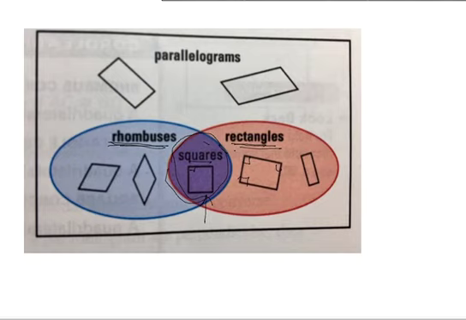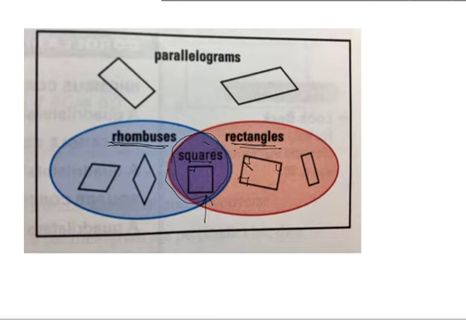It says a parallelogram is a rectangle. Well, is that always, sometimes, or never true? Well, a parallelogram could be one of these slanty rhombuses, and in this case, it wouldn't be a rectangle.